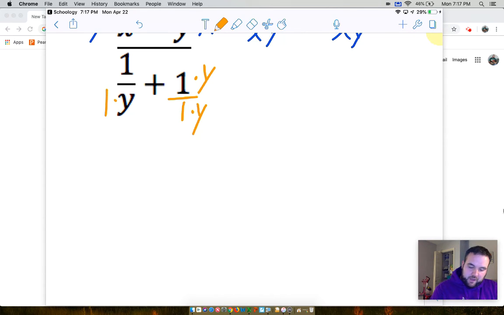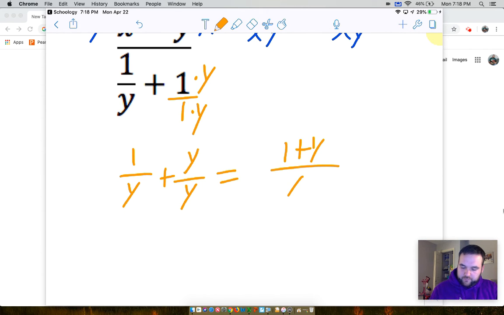Technically, you could multiply by 1 on top and bottom for the first fraction, but that's totally unnecessary since multiplying something by 1 doesn't change it. So we end up with 1 over y plus y over y. Now I can add those numerators to get 1 plus y over y.